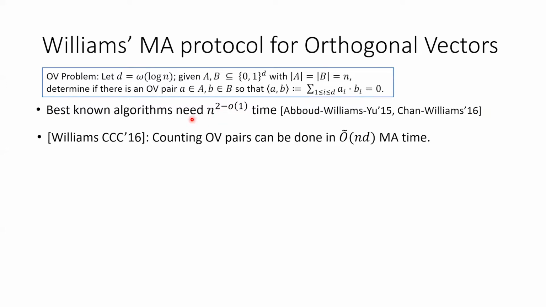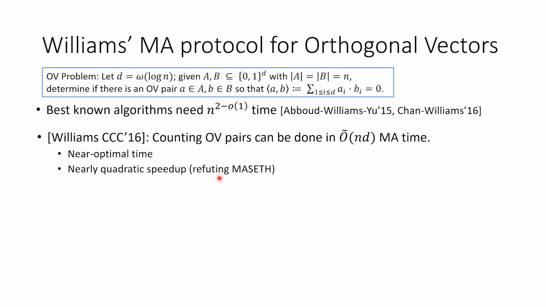Williams in 2016 gave a Merlin-Arthur protocol for counting the number of orthogonal vector pairs, and the running time of this protocol is roughly n times d, where d is the dimension of the vectors. So this running time is near linear in the input size, so it's near optimal. And it achieves a nearly quadratic speedup compared to the best known algorithm.